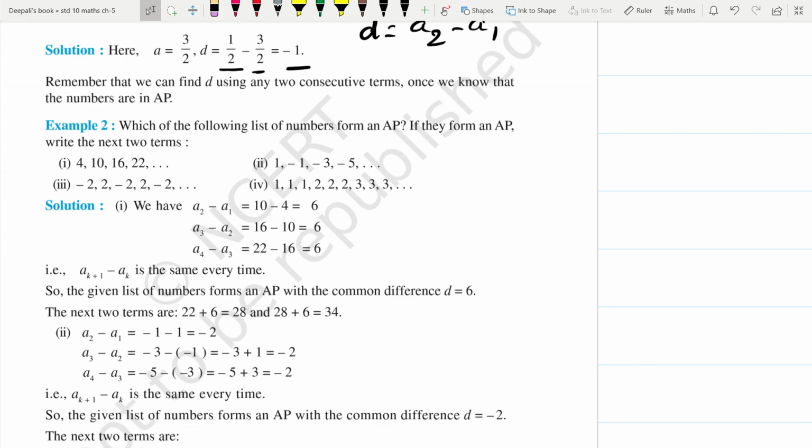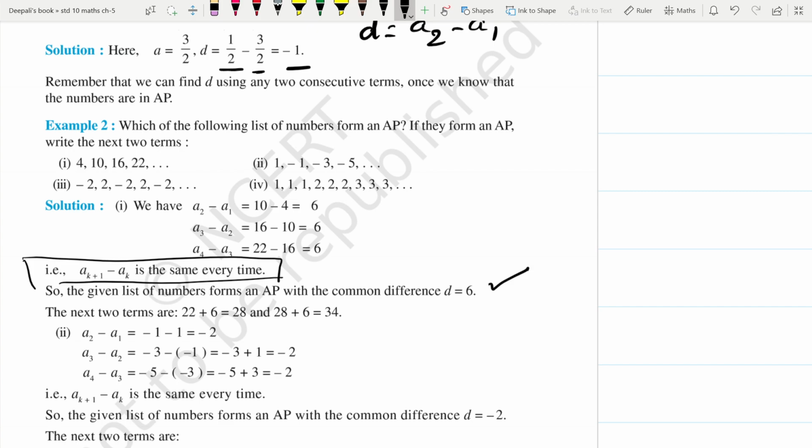Now, we have to check in the next question whether it is an AP or not. To check that, we need to check the common difference between the terms. So, for the first one, 4, 10, 16, 22, let us check. A2 minus A1 is 6, A3 minus A2 is 6, and A4 minus A3 is also 6. Therefore, it is satisfying the condition for D, that is A(k+1) minus Ak is the same every time, and so it is an AP.